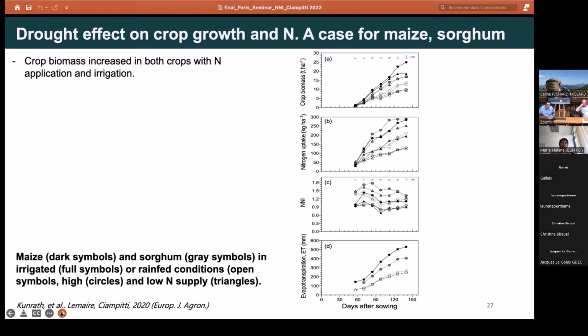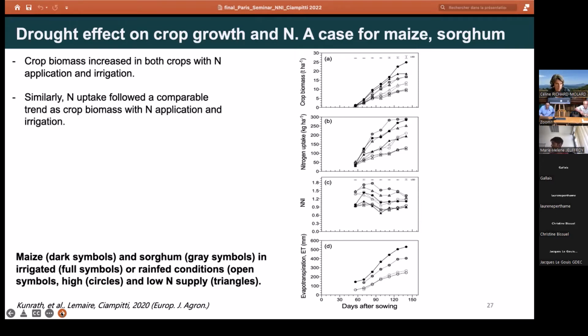It took us a lot of time to find published data sets with biomass and N uptake, where we can calculate NNI, and also evapotranspiration measurements.